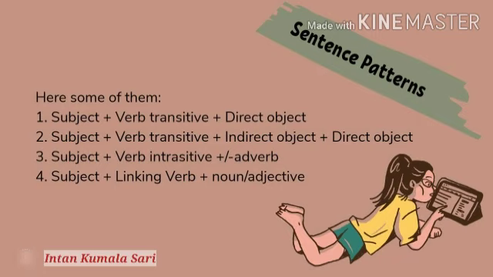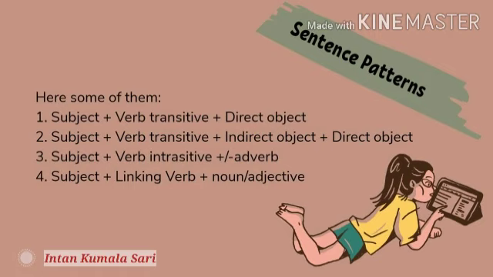The first sentence pattern is subject plus transitive verb plus direct object. For example, I just sent an email. The next sentence pattern is subject plus transitive verb plus indirect object plus direct object.